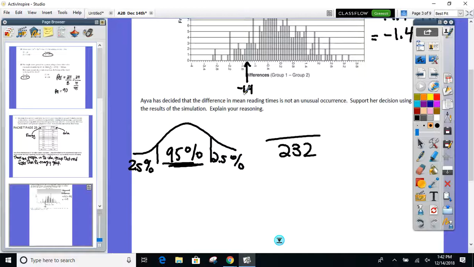So go ahead with your group right now. We'll see if we can come up with a consensus. How many are at or below negative 1.4? And we'll see if that's 2.5% of them. Count them up. Just don't count the number of bars. Count the frequency over on the left side too, how many times it happens. And we'll see if we can come to a class agreement.